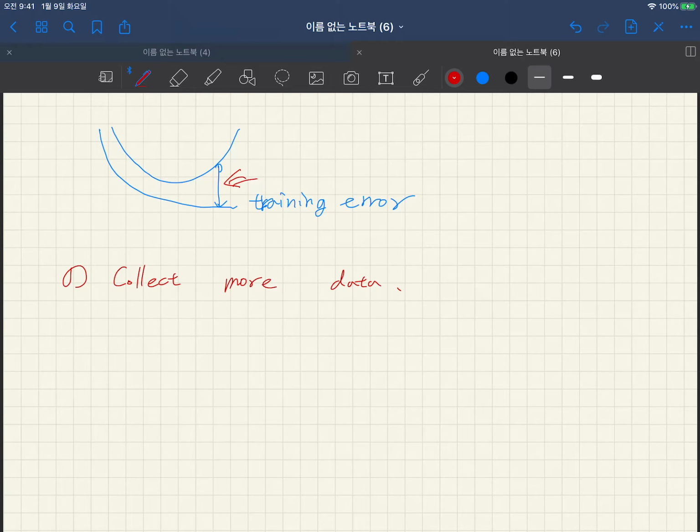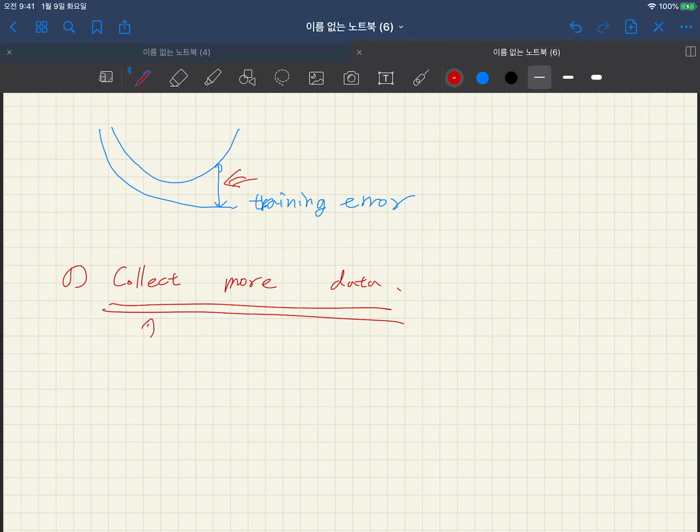So collect more data. This is the most powerful approach to solve the overfitting issue. But the problem is that collecting more data means you need to pay something. So in some cases, this is physically impossible or costly impossible.